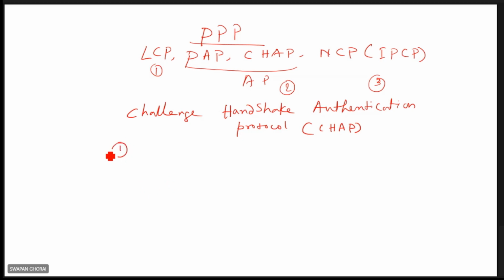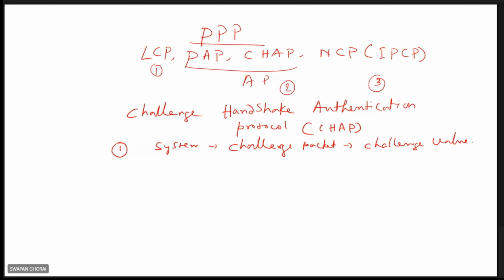In the first step, the system sends the user a challenge packet containing a particular challenge value, maybe a few bytes, since this is a byte-oriented protocol.